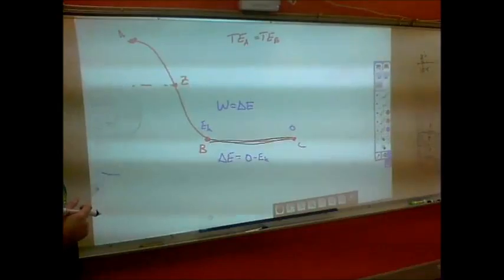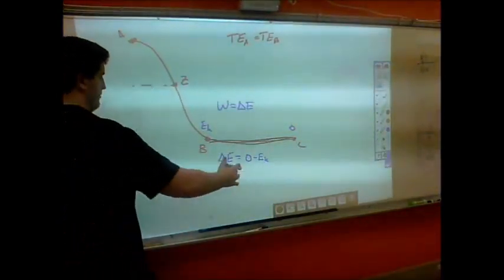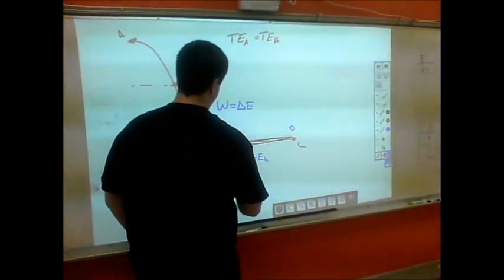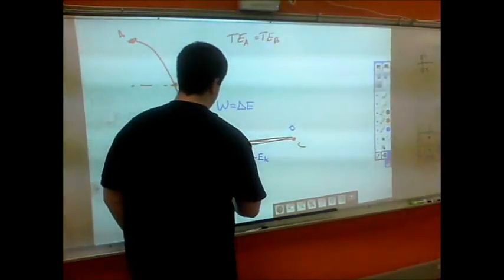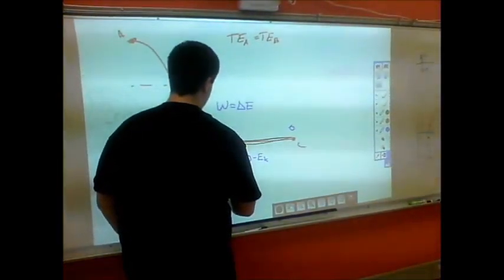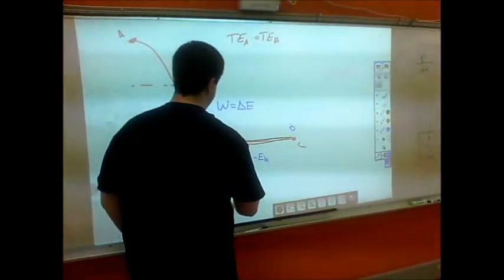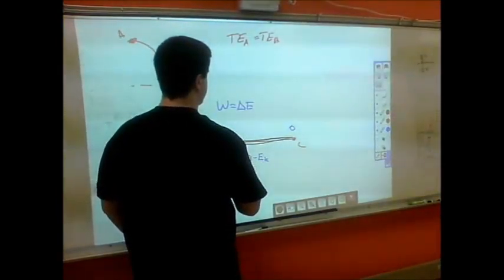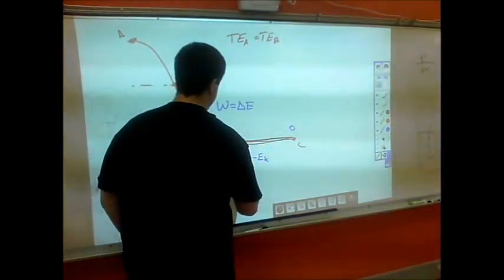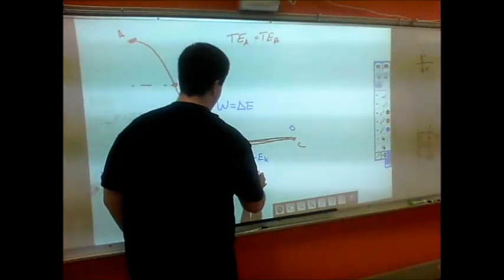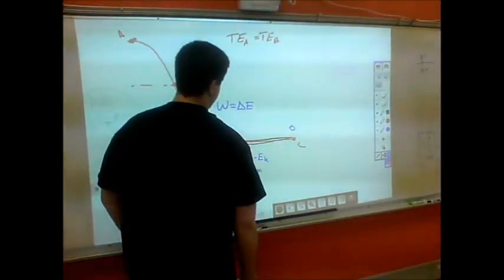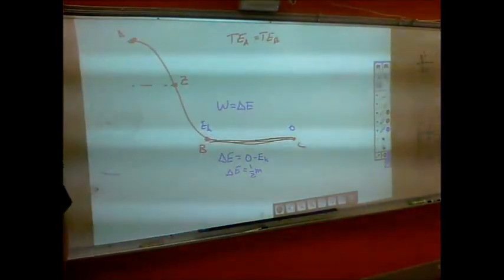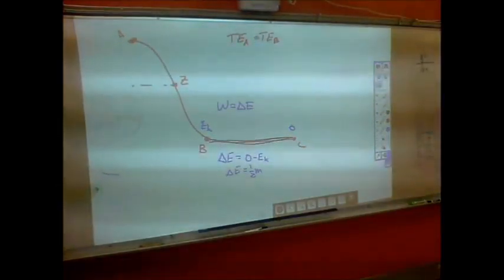Kind of moving along here, let's calculate delta E first. So delta E is 1/2 m, and now what is V when you're at the bottom? We just solved it. What was V at the bottom?